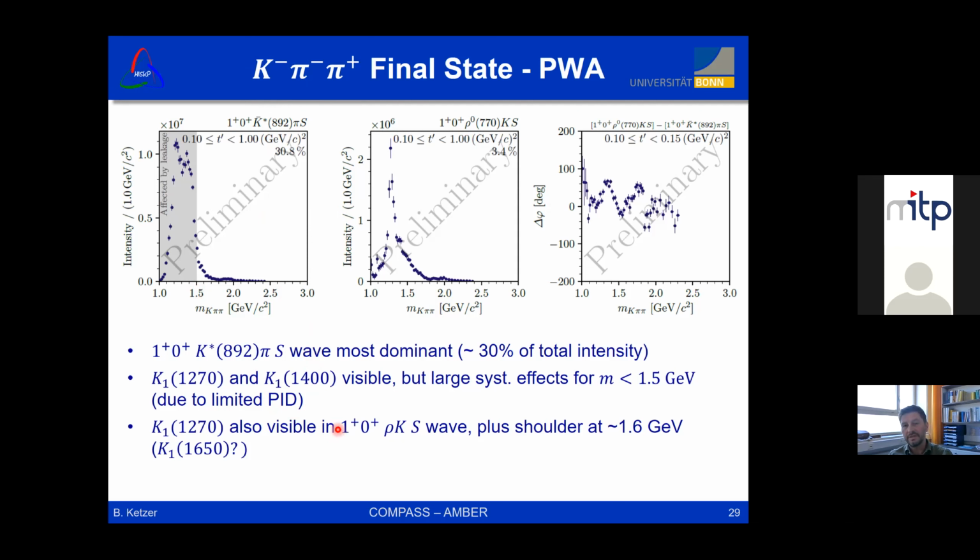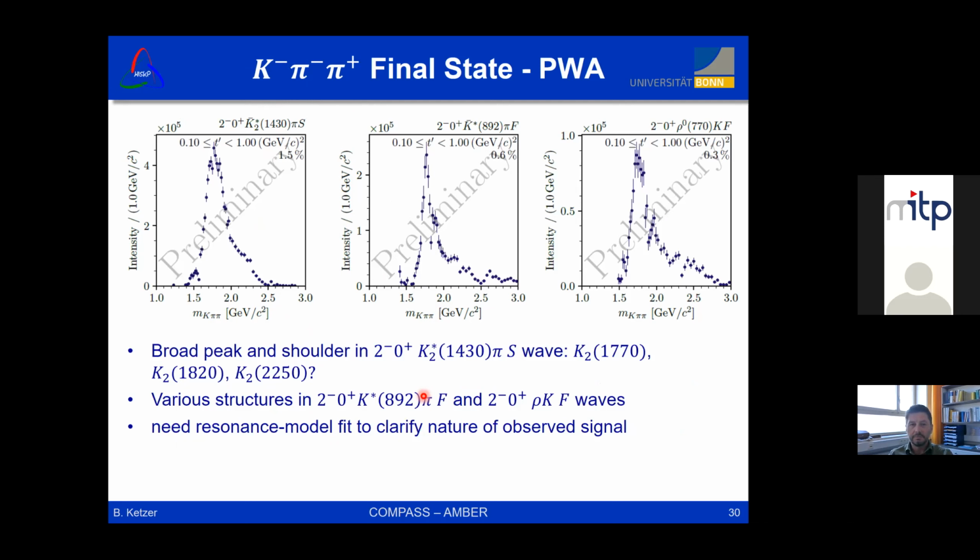We cannot really distinguish a K minus from a pi minus at momenta larger than about 50 GeV, and that leads to a rather large leakage down here. So that will make this analysis to be taken with a grain of salt. But we do see, at least above 1.5 GeV, for example, peaks in the 2 minus 0 plus K2 star pi S wave, and we see clear hints of K2s.